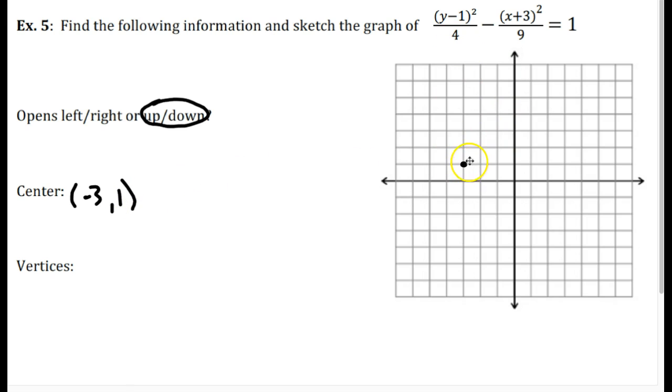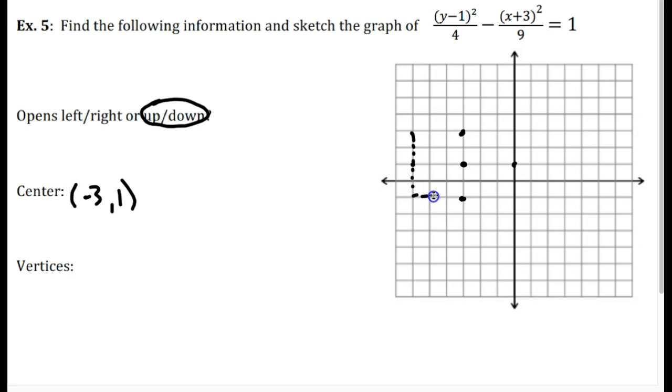Now, to make my box, I'm going to go up and down 2. Whoops, I went one too far. Now, since my hyperbola is opening up and down, these are the vertices. And then I'm going to go 3 to the right in either direction.